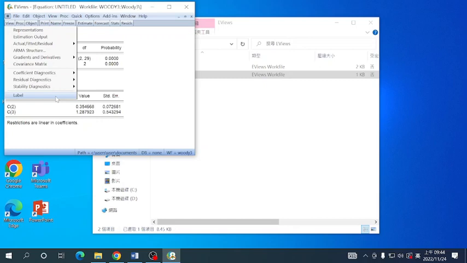Well, this one is the partial F-test, right? The original output shows all the information about the whole model. Okay, then I need to know some partial information from the model. So therefore, they set up several additional functions which help us find all the information we need.